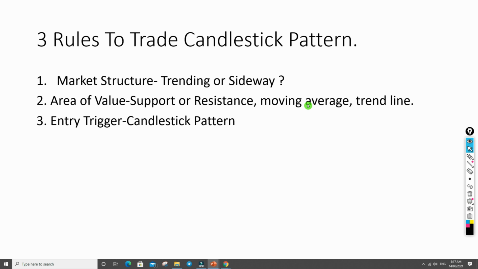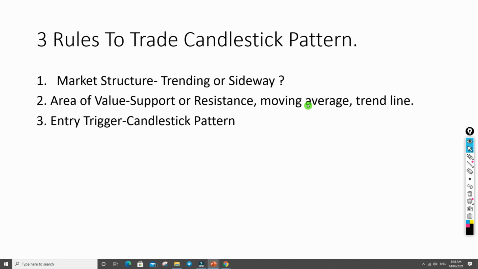Now we have understood all the important candlestick patterns you need. These are the most common and important candlestick price action patterns you need to read the market. Now you have understood how to read candlesticks, how to combine candlesticks, and how to understand the different candlestick patterns to find trades.